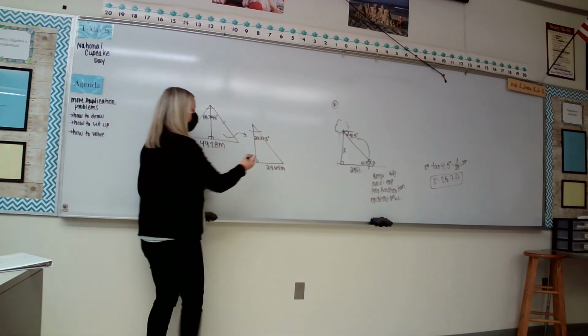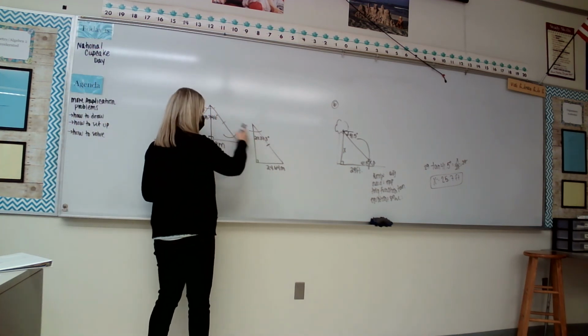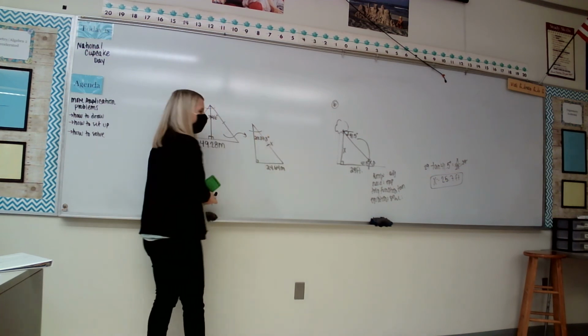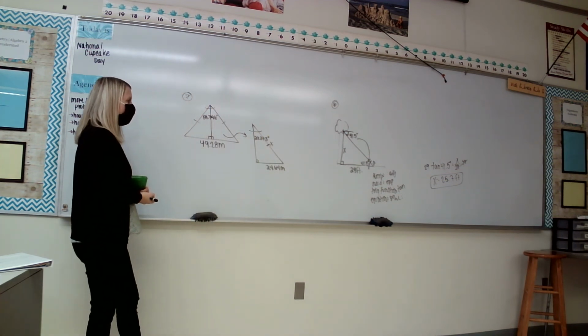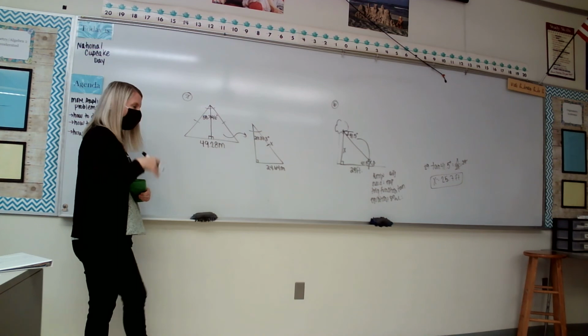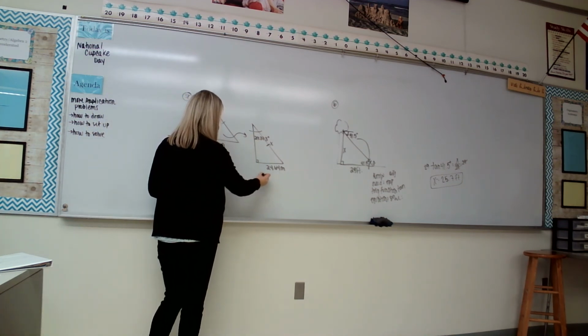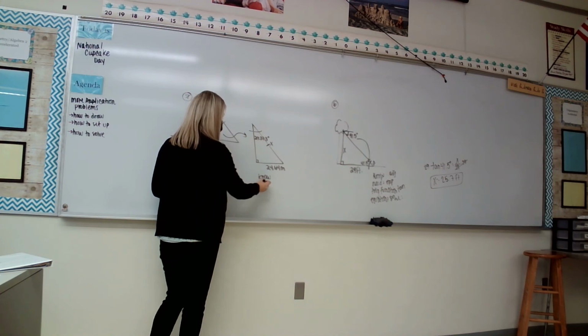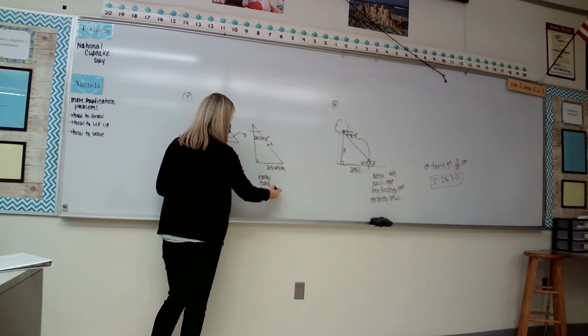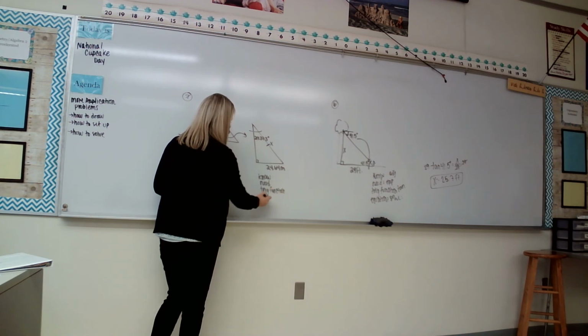And once again, my goal is to find this side, that side. So we'll call that my X. So just looking at the half of it, the right triangle part, you're going to label, what do I know? What do I need? Trig function. And then you're going to solve.